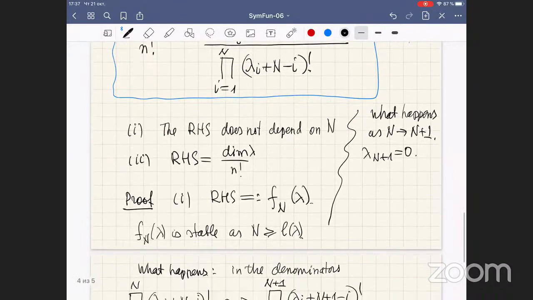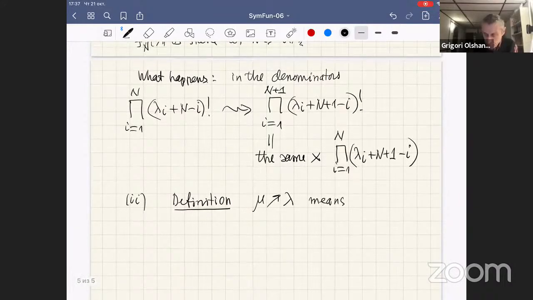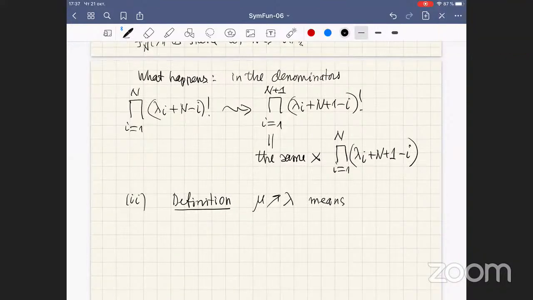When you change from n to n plus 1, you wrote it's equal to the same times the product i equals 1 to n. I think maybe it should be i from 1 to n plus 1, since we have lambda subscript n plus 1 up here.